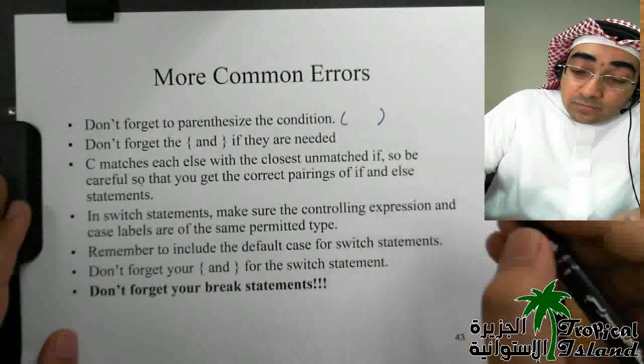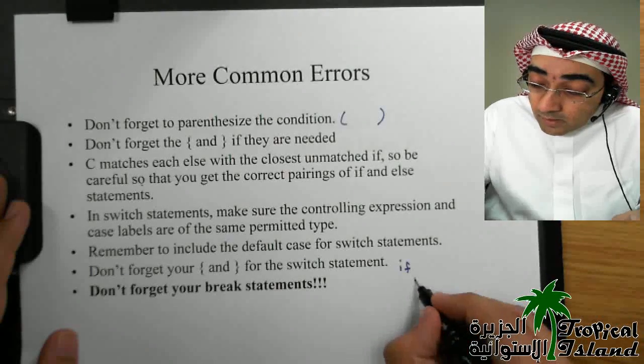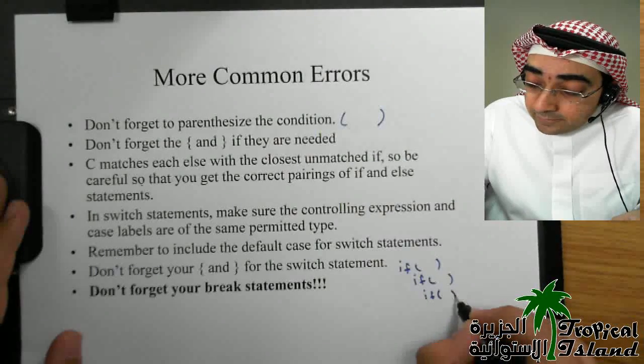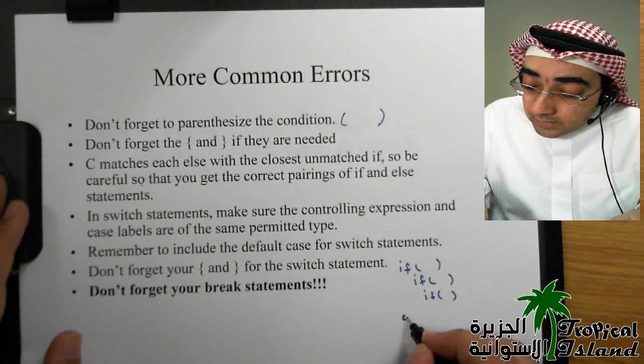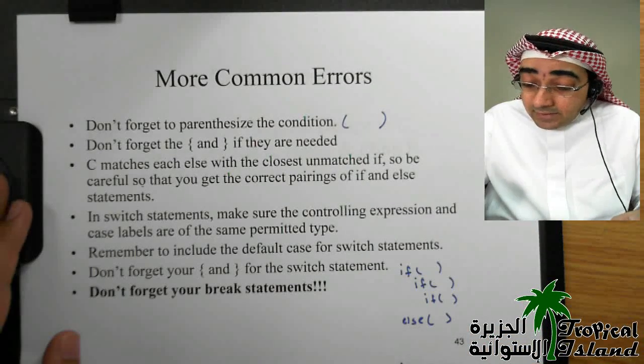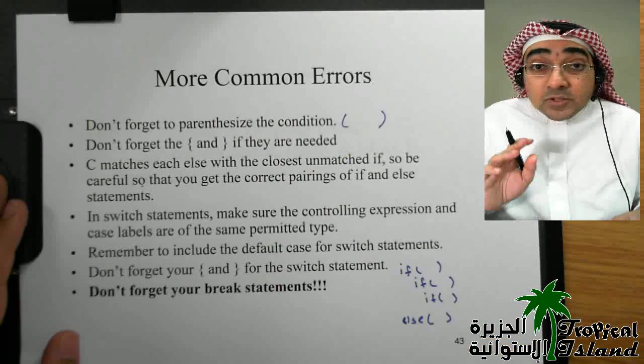So over here, suppose you had an if, then an if, and then you had an else. Although I have indented this incorrectly, you will think that this else is with this if. This is not true.